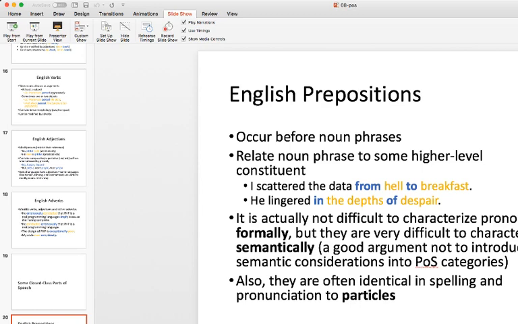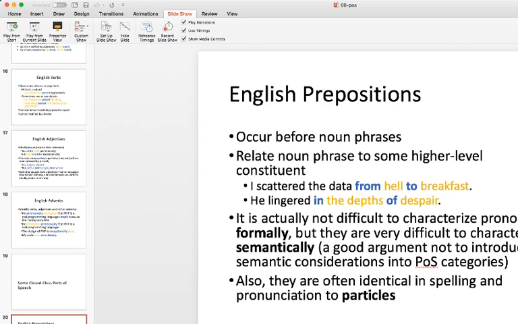They have very abstract meanings, and so it's difficult to capture their meaning, but their form is sort of easy to identify. So that is another reason not to try to categorize parts of speech by their semantics, because with prepositions you just lose. But it's very clear formally.